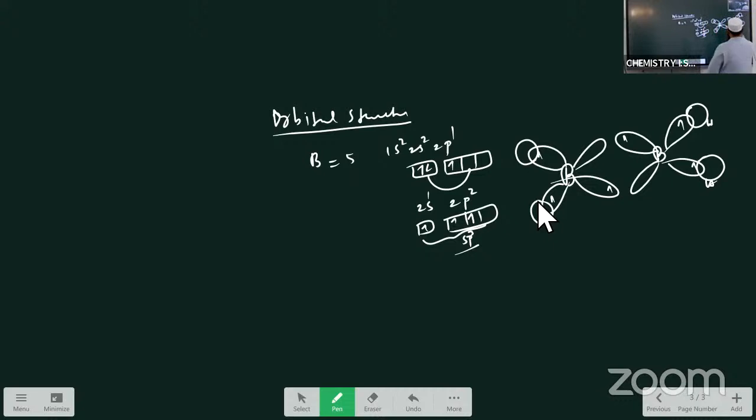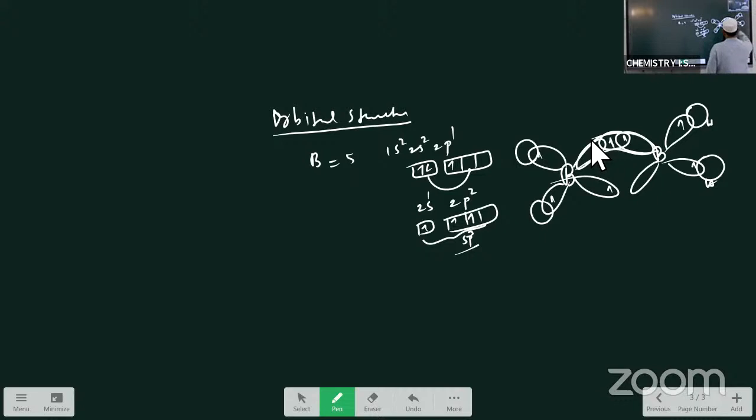Now one hydrogen overlaps with the vacant orbital of one boron and the single-electron orbital of the other, so the overlapping extends from here to here. As a result, you get one special type of bond.